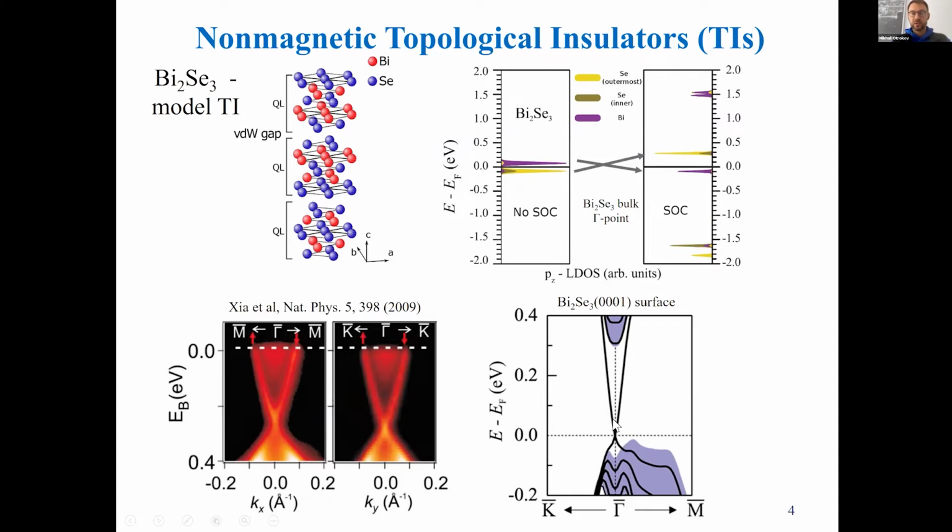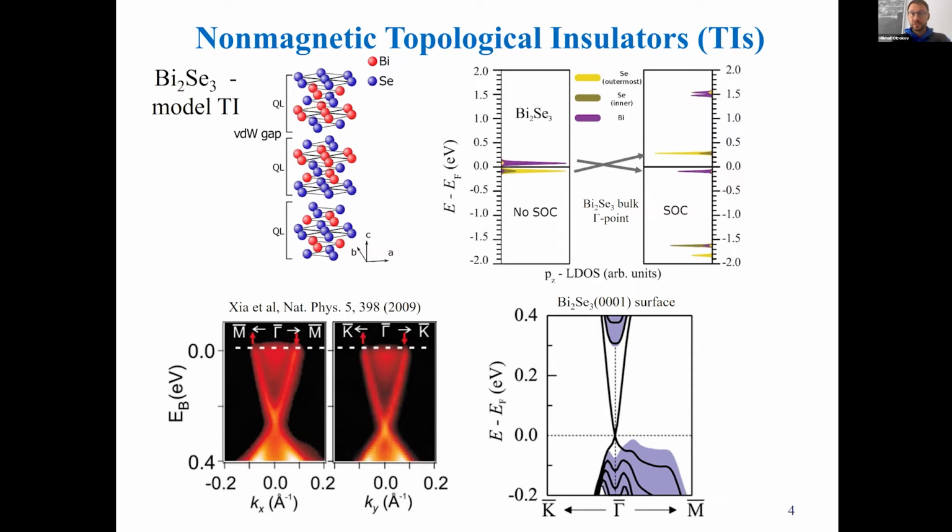It is called topological surface state because it is located in the bulk band gap. This is the valence band projected bands on the two-dimensional Brillouin zone. This is the conduction band. And this is how this topological surface state looks like in the experiment, namely angle-resolved photoemission spectroscopy. As you can see, the dispersion of this state is practically linear, whereby we call it Dirac cone.